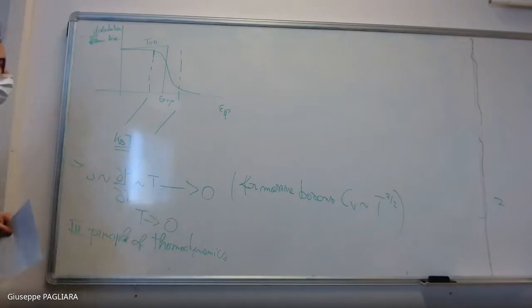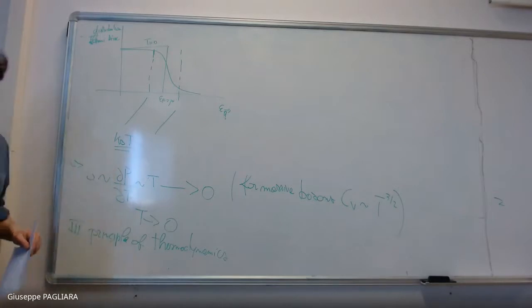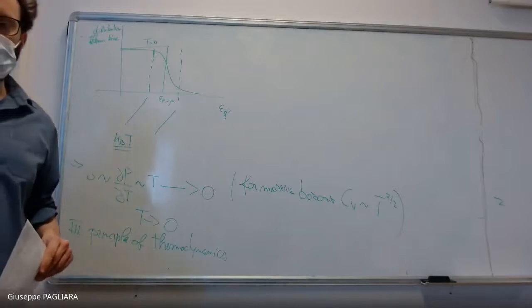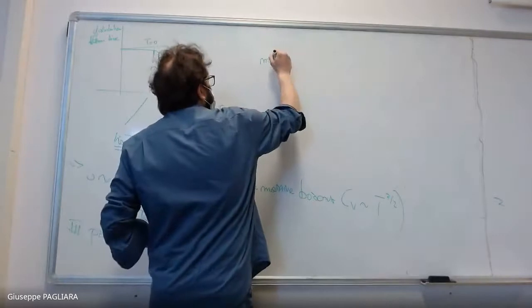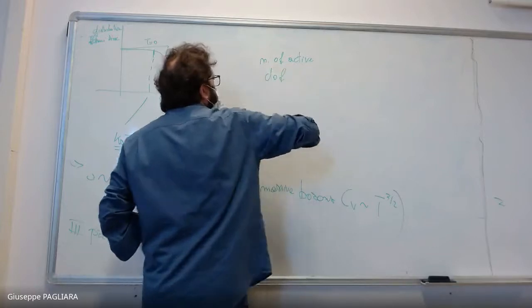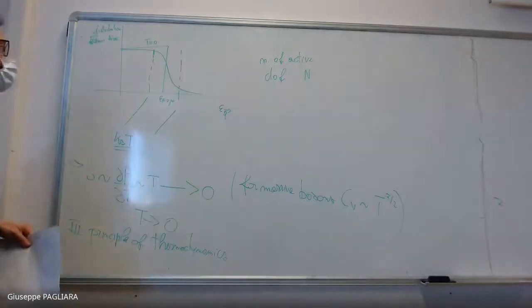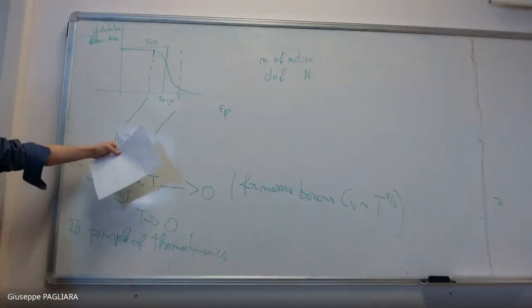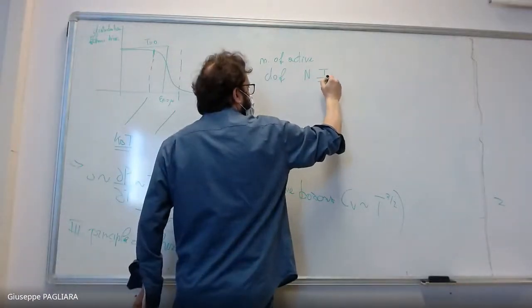So that means that when I compute which are the degrees of freedom that can be excited when providing heat to the body, basically the degrees of freedom which are active is something like N, the number of particles, times the ratio between T and T_F.